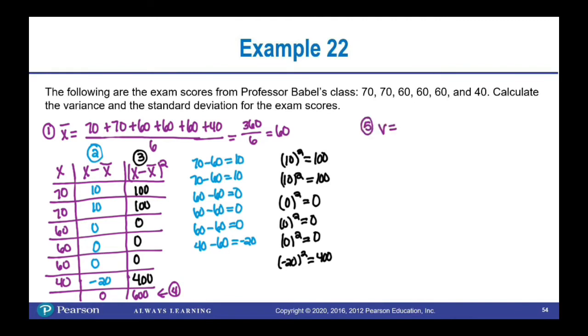My variance is the sum of that last column, 600, divided by 6 because I have 6 values. And so we have a variance of 100 here. To find the standard deviation, I take the square root of 100, and the square root of 100 is 10. So my variance, represented with the lowercase v, is 100, and my standard deviation, represented with the lowercase s, is 10.